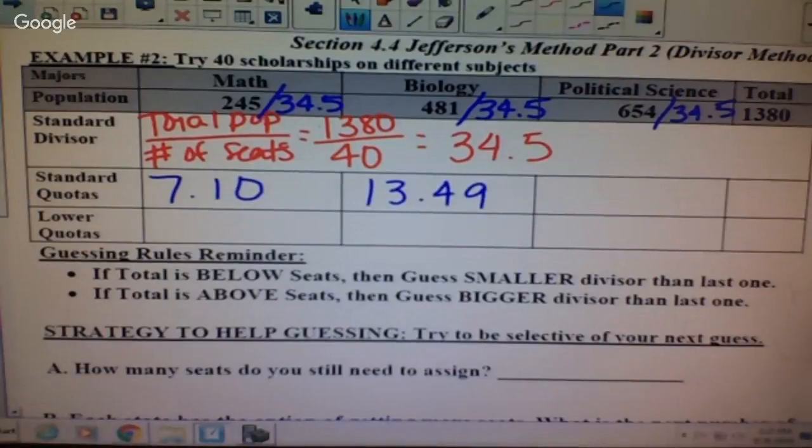You thought I was going to say... And what about political science? 18.95. Good. I thought you said 13.94. I got 95. Is it 94 or 95? I'm in biology.